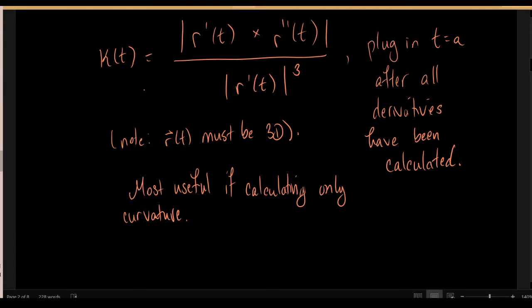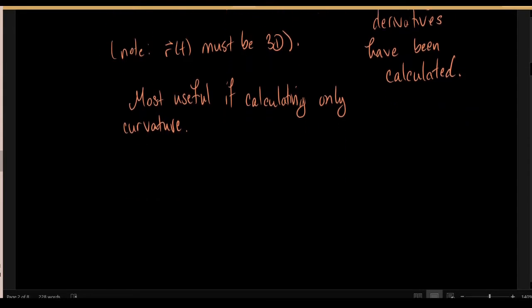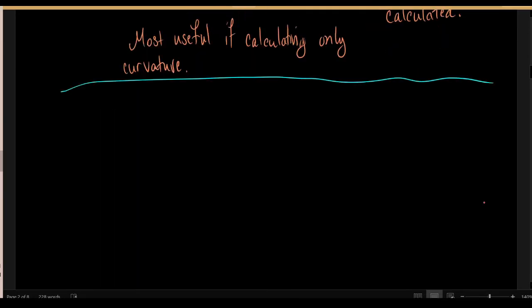But there is another formula that's really convenient to use if you're working in a problem that asks you not just to calculate the curvature, but also to calculate that unit tangent, unit normal, and unit binormal vector that we studied in the previous video. So here's an alternative formula which bypasses the cross product at the cost of having to calculate a slightly different quantity.